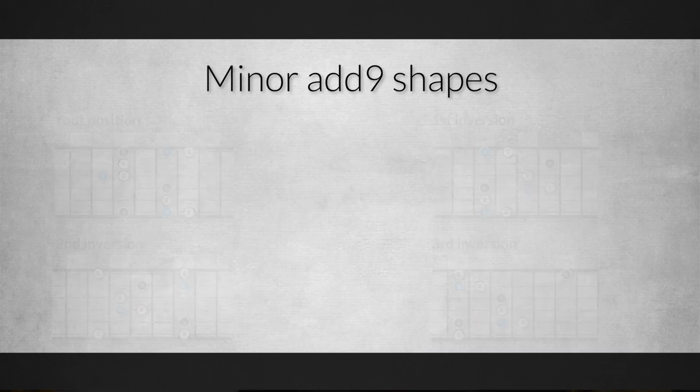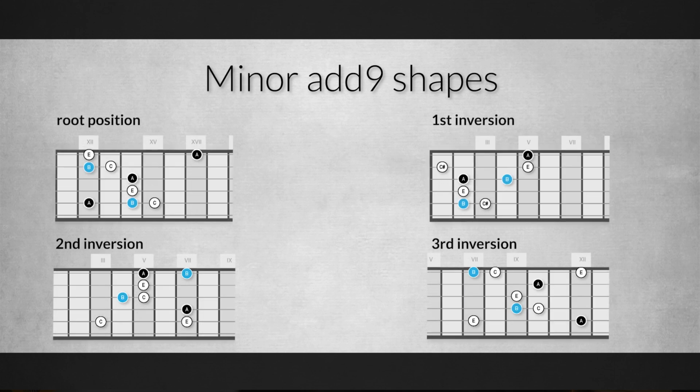And finally we'll study the minor added 9 arpeggios and inversions with the root on the 5th string.